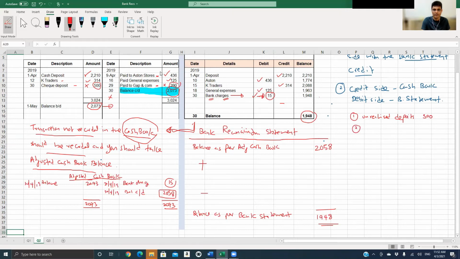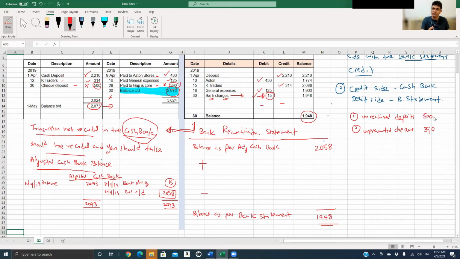And the second one is we have put a cross mark here because it was not presented to the bank. Therefore, we can say unpresented. So the supplier has not gone to the bank and presented this unpresented check. How much? 390.